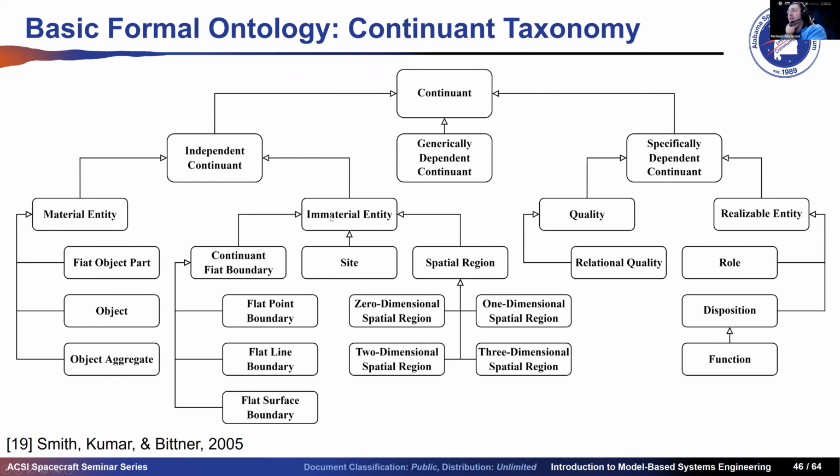Continuant fiat immaterial entities, continuant fiat boundary might be something like a state line or a divider of a country or the prime meridian or the equator. It's things that don't really exist. It's just something that we have prescribed as a boundary. Sites, spatial regions, that kind of thing. Specifically dependent continuants include qualities, things like colors, and realizable entities of role.